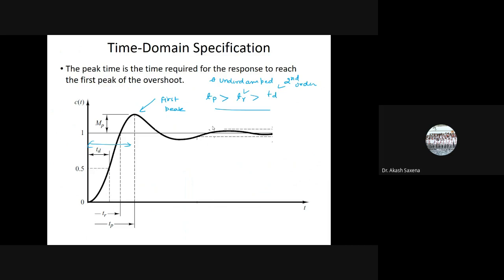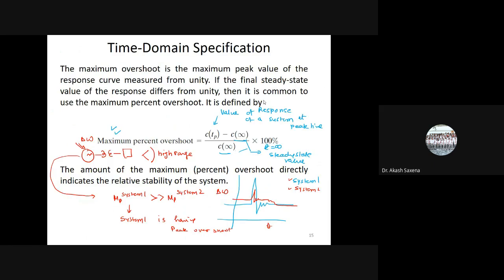Now, the peak time is the time required for the response to reach the first peak. This first peak is appearing at this particular time TP. This peak time is greater than rise time, and it is greater than the delay time in the underdamped system. The maximum overshoot is the maximum peak value of the response curve measured from unity.